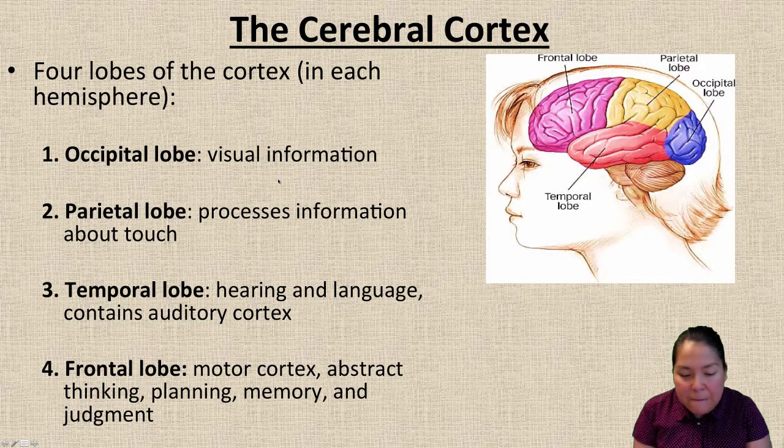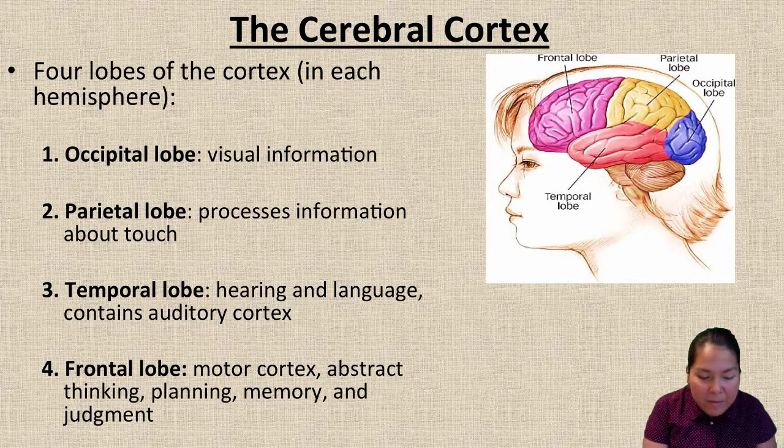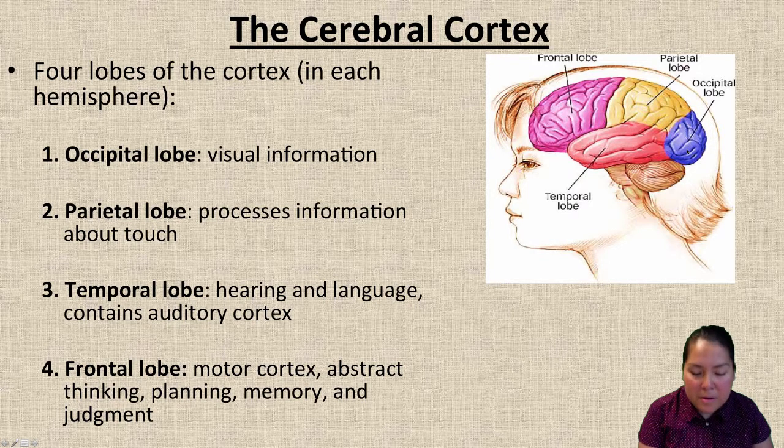Here we have the 4 lobes of the brain making up the cerebral cortex. Starting from the base of the brain and moving forward, we have the occipital lobe, which is this blue part right here, the parietal lobe, the yellow section, the temporal lobe, this red section, and the frontal lobe, this purple section.